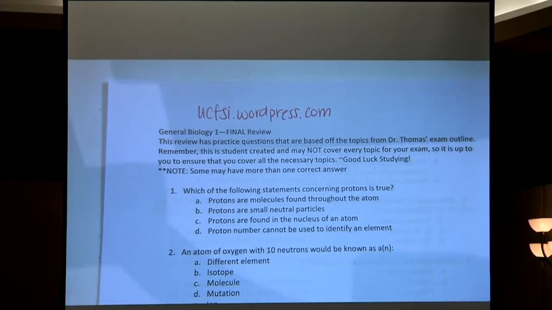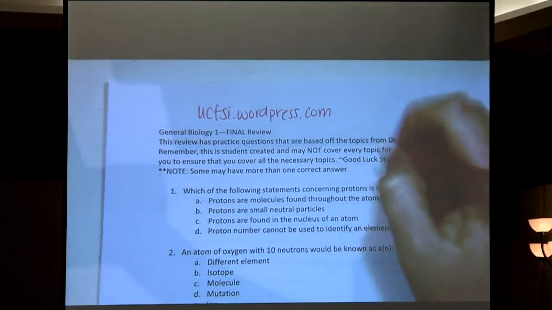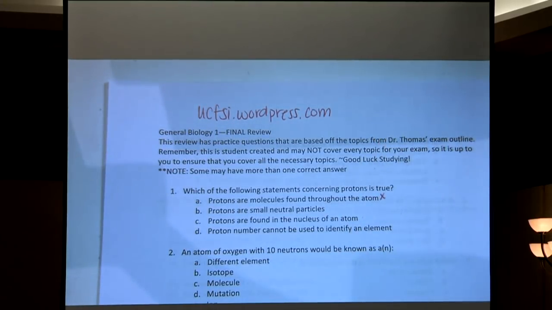For question 1, which of the following statements concerning protons is true? Just a basic question. For A, protons are molecules found throughout the atom. How do we feel about that? Is that true? A little response would be nice. Okay, thank you. That's not true. How about protons are small neutral particles? Good.